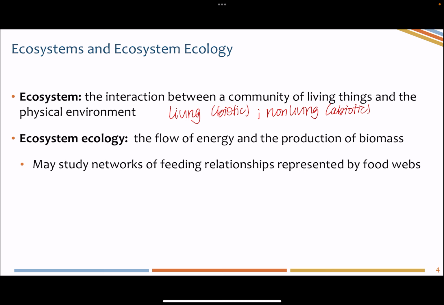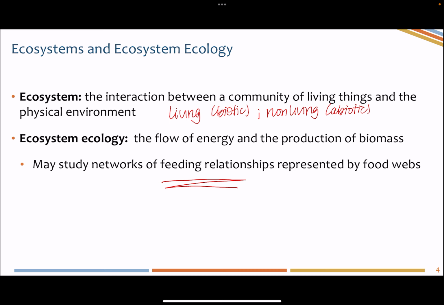So we're going to spend a lot of time talking about how energy moves through an ecosystem. For most organisms, this is going to be related to how they feed. What do they eat? Where does it come from? And which direction is energy being transferred?